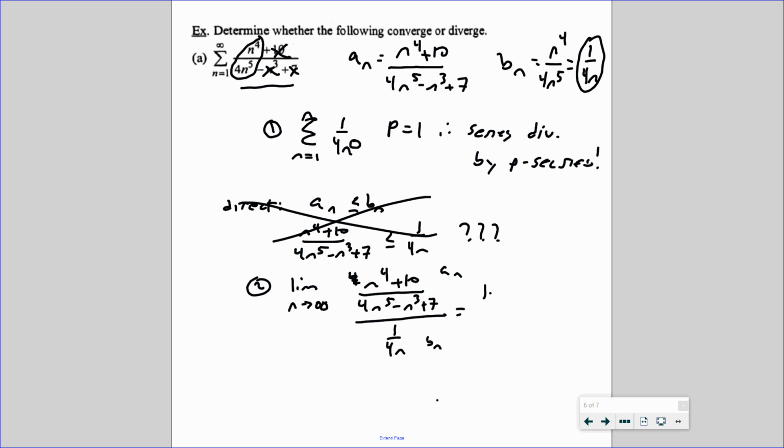Now, if I simplify this, this is a limit process, so we have to write down that limit every time. If I invert and multiply, oh look, I'm going to get 4n to the fifth plus 40n over 4n to the fifth minus n cubed plus 7.